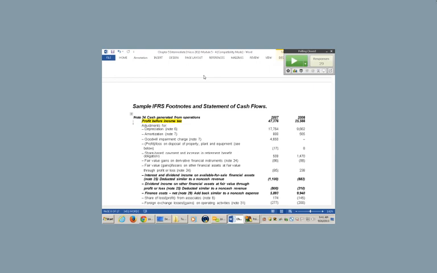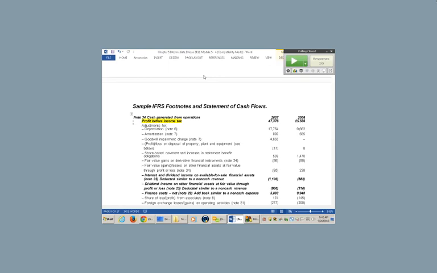And then notice what they're doing. Interest and dividend income, which is included in profit, is subtracted because we're trying to get a clean measure of operations. We're trying to remove out of operations income that is non-operating, technically. Then your dividend income also is non-operating income, so we subtract that.